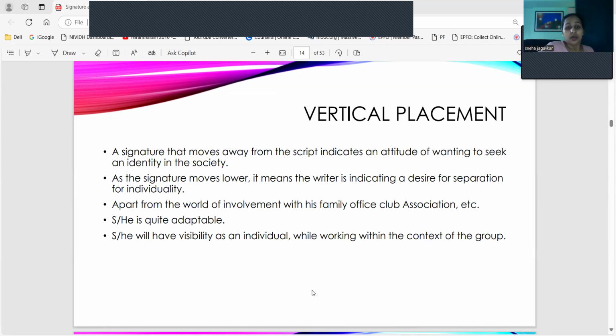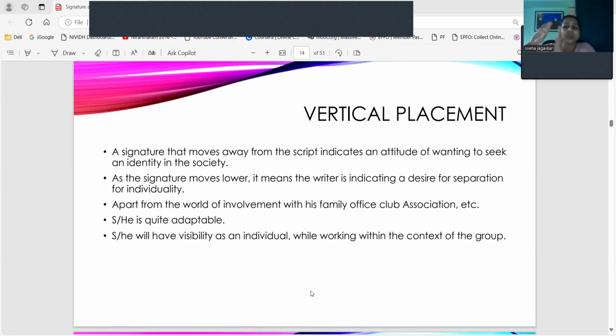Now, as the signature moves lower, the person is trying to indicate a desire for separation, for individuality. Apart from the world of involvement with the family or the club or the association, etc., they want their own identity. So even if I work in a corporate, I would also work in a CSR activity.